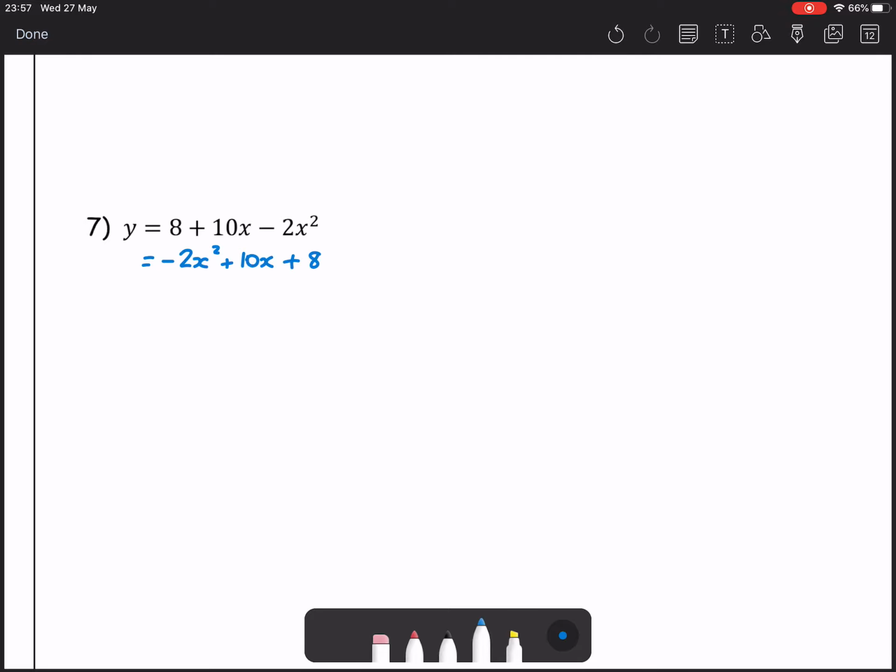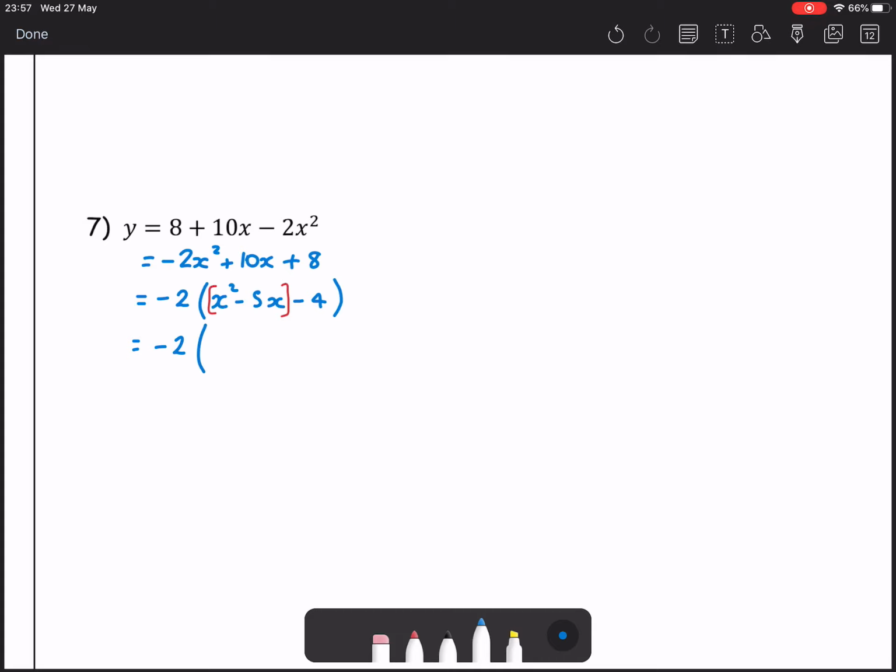I'm going to take minus 2 out as my common factor. x squared minus 5x minus 4. And again, in that red is where I'm going to complete the square.